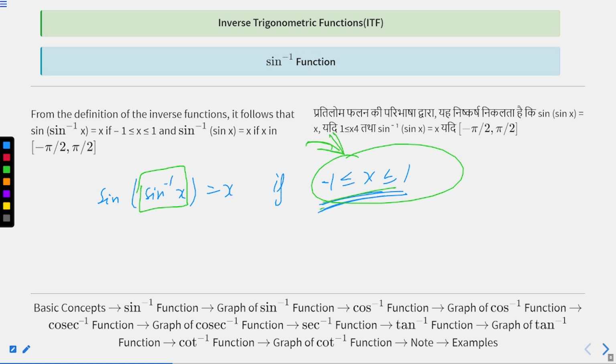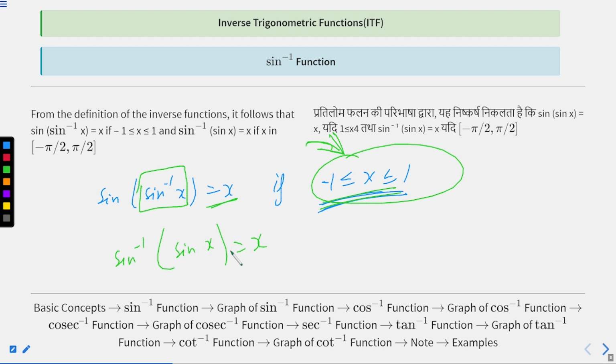Whenever x is in between this, then sine of sine inverse x will be x, and sine inverse of sine x will be x if we are in what?